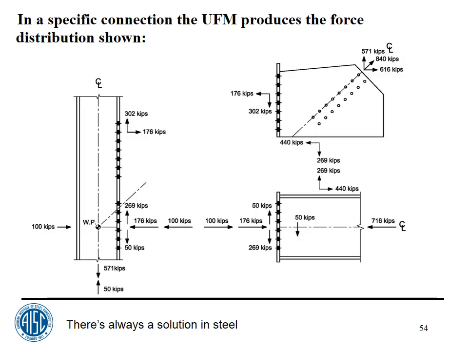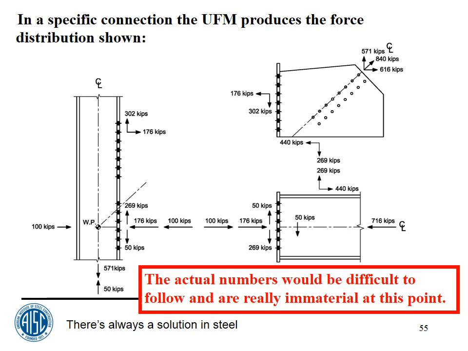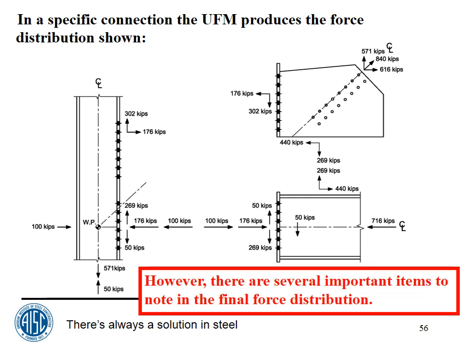And in a specific connection, the uniform force method would produce the force distributions that you see on this particular connection. And we're not going to go into the forces at this time. We will before this night school is over. The actual numbers would be difficult to follow, but the point I'm trying to make here is that there are no forces that exist anywhere outside the beam and the column other than the ones that you see.